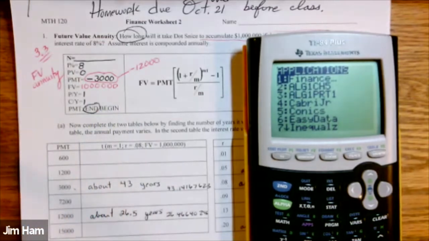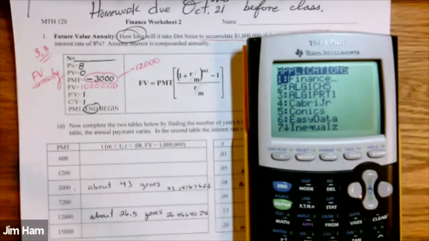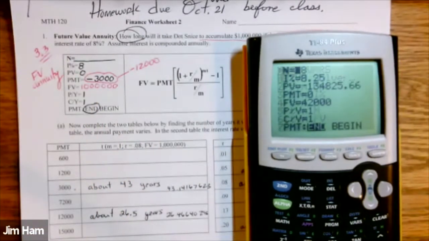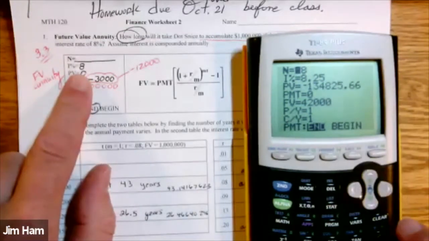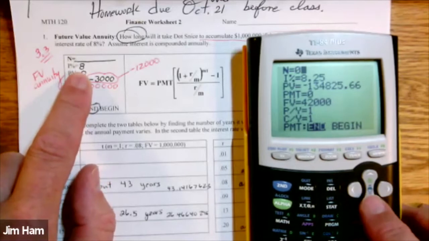This whole problem is about how long it will take you to have a nest egg of $1 million, because you figure you need $1 million when you retire so that you can pay yourself what you want for the rest of your retirement life. Most of the variables in the TVM solver that we enter are the same. For the STEM problem, I'll leave the first one blank because it's going to ask you how many years.